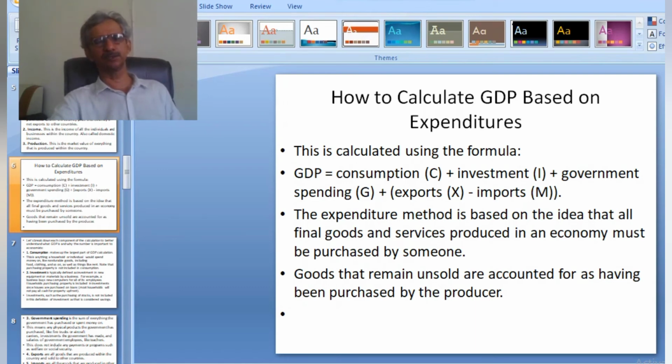This is one of the methods we use to calculate the GDP, using the formula GDP equals consumption, C is the sign used for consumption, plus investment expenditure, I for investment, plus G, the government spending, plus exports, X for exports, minus imports, M for imports. So GDP = C + I + G + X - M.